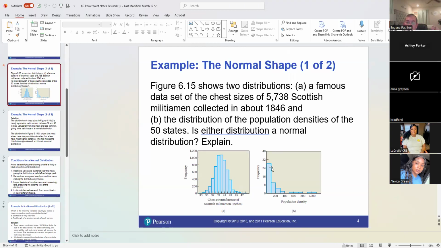So notice it is really heavy toward the left side, and then it just sort of falls off as it heads to the right side on that one. So remember, I'm going to show you the solutions, but remember, A looks more bell-shaped to us, okay?